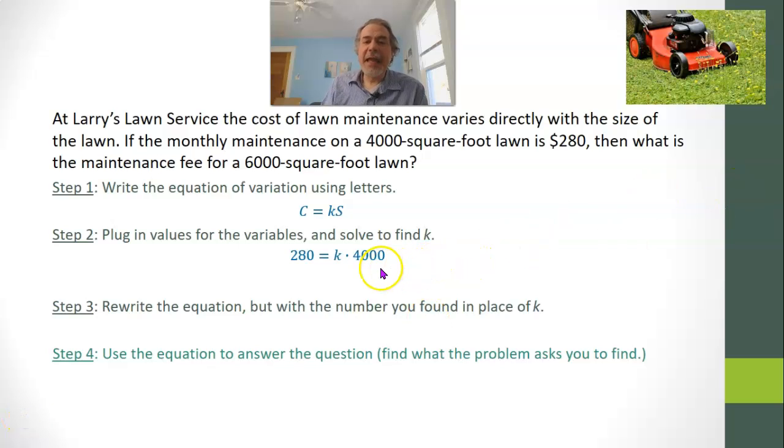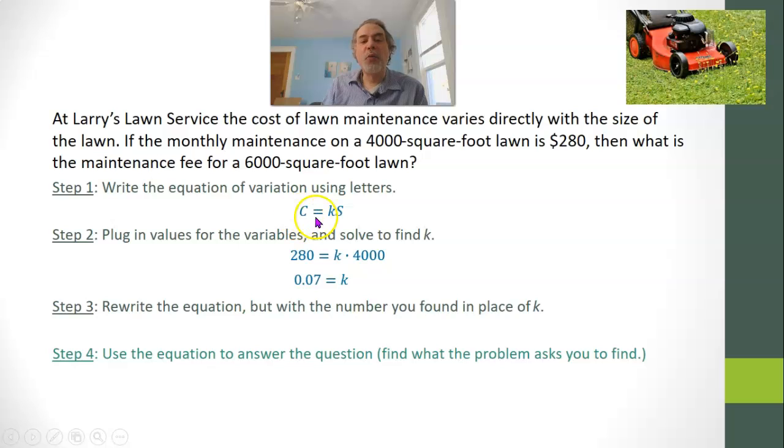Now to find K, we would have to go from K times 4,000 to just plain K by dividing both sides by 4,000. And 280 divided by 4,000 comes out as 0.07. So that's our K.